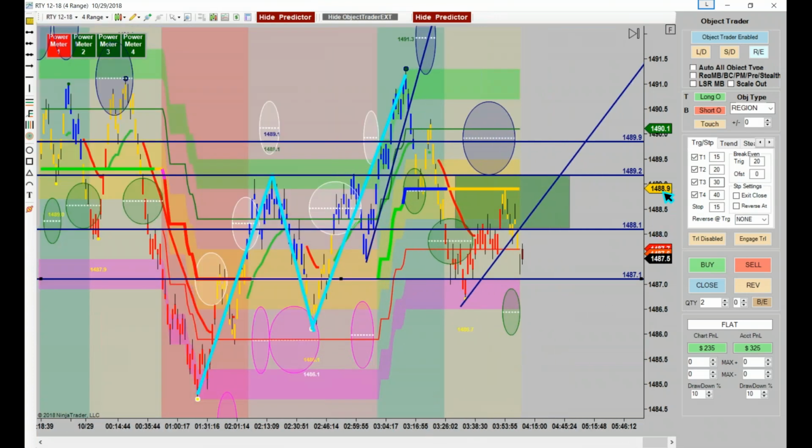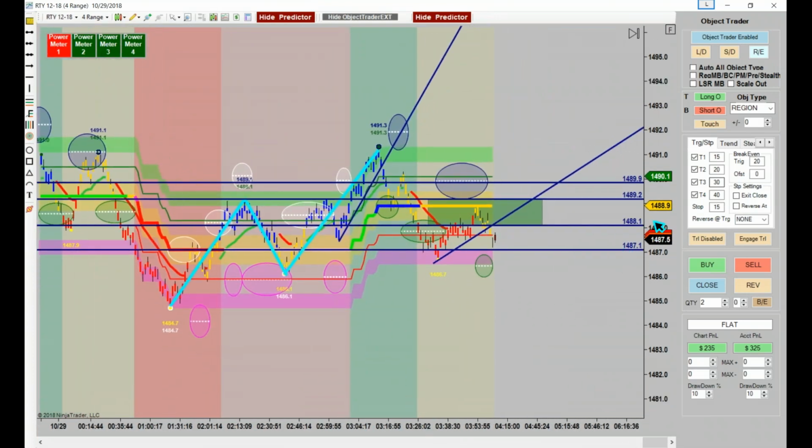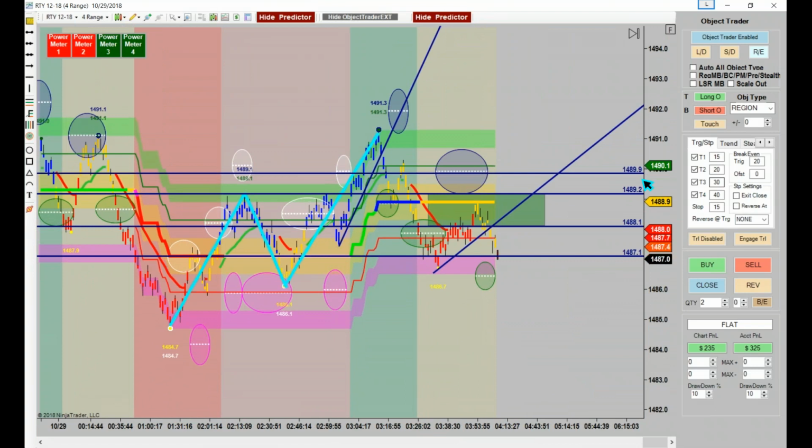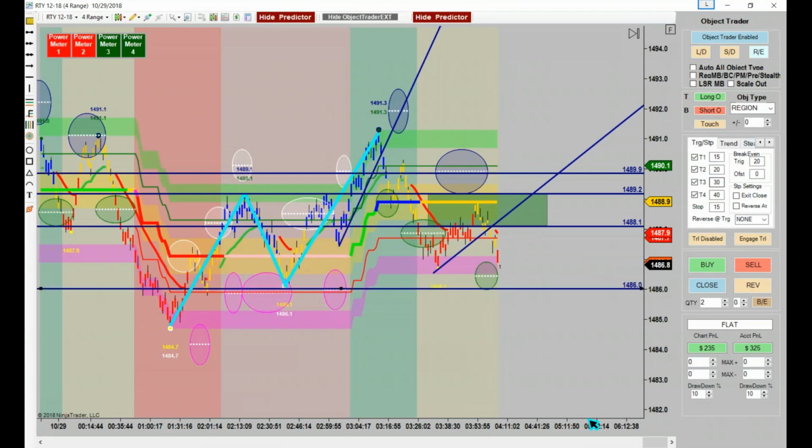Okay? Now, looking at this chart, though, what is the overall trend? Anybody? What's the overall trend? Well, maybe getting ready to go short, but let's find out. It's going to have to take this out first. Higher lows and higher highs. If it does not take this out, I am not looking for a short.